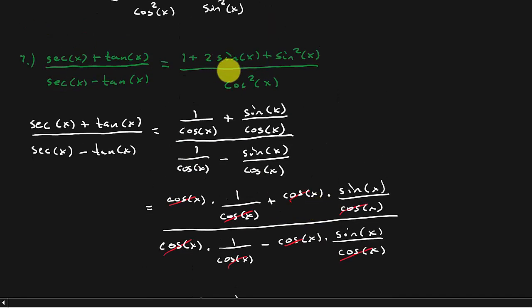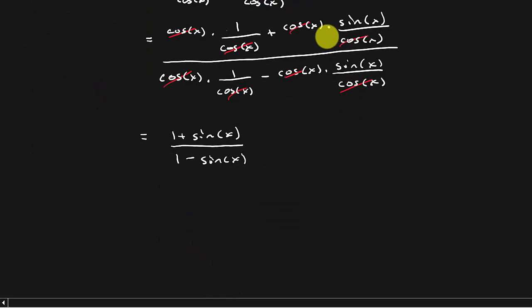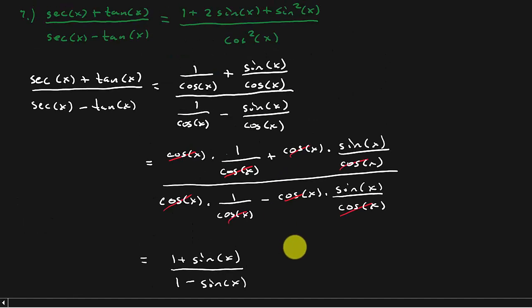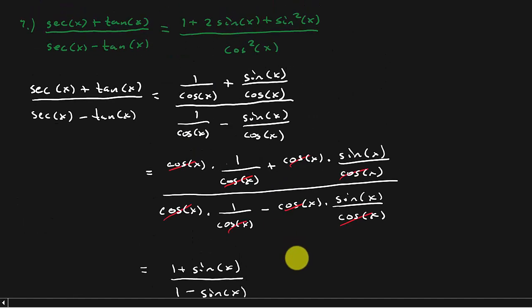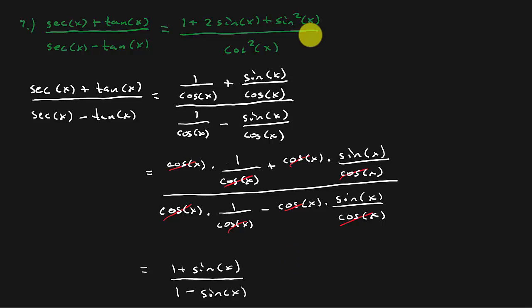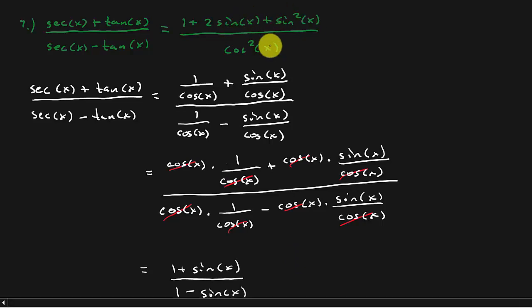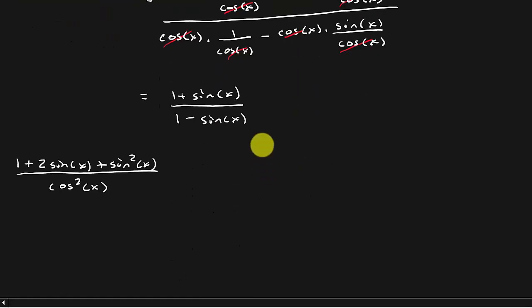That is 1 plus 2 sine x plus sine squared x over cosine squared x. It didn't work out when I reduced the left-hand side, so now let's take this right-hand side and reduce it, and see what we can do.